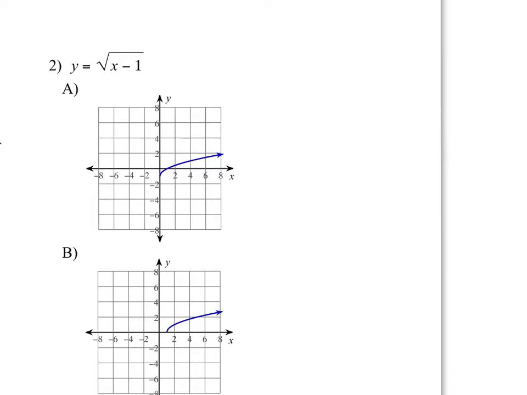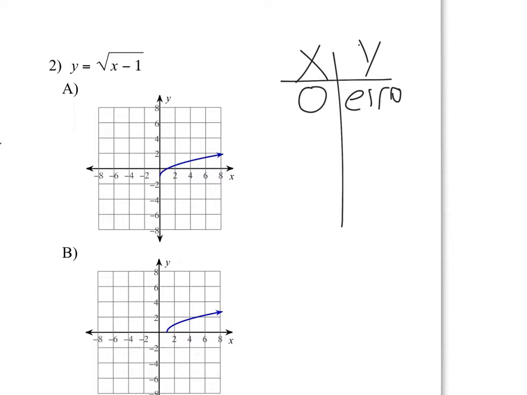Similarly, for number 2, if I very quickly make a table, even if I don't know what to plug in, if I plug in 0, I get an error because that's going to be an imaginary number. If I plug in 1, I get 0. Okay, this one could work for that. This one could work for that.